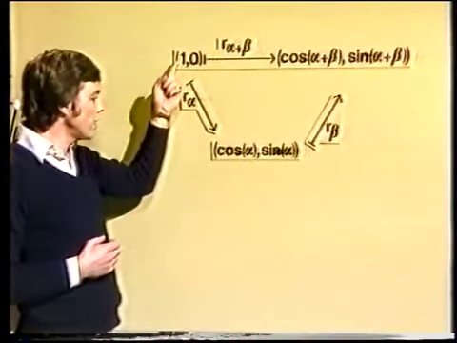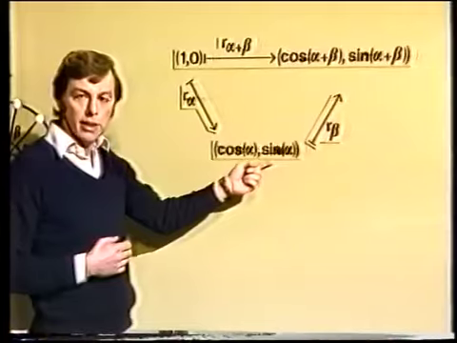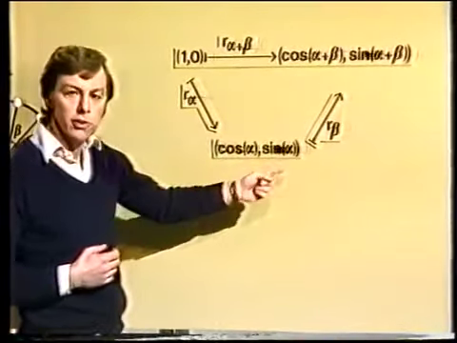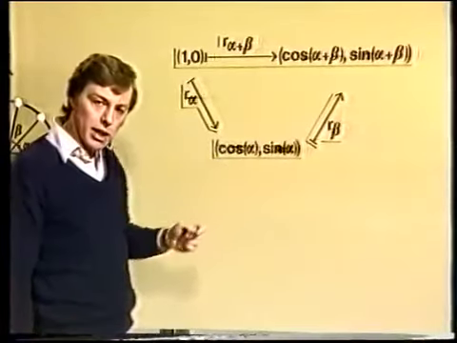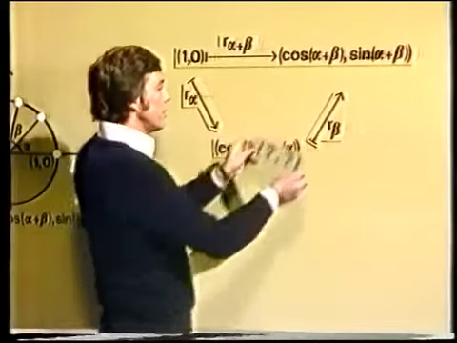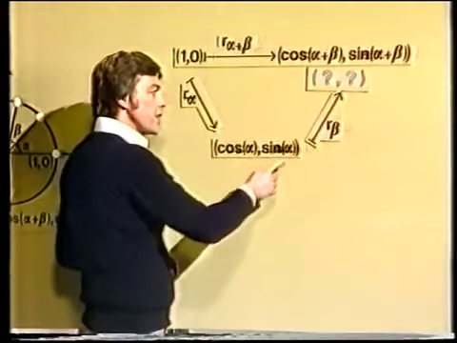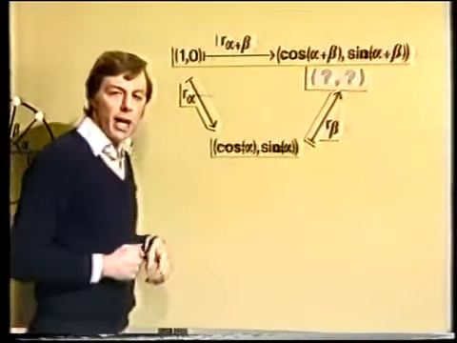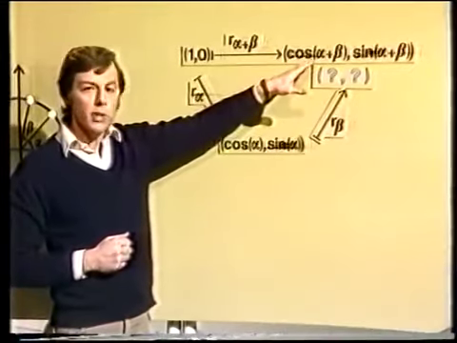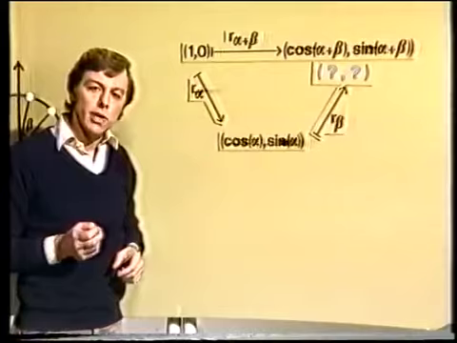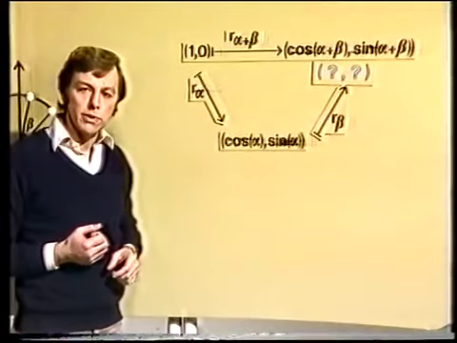Or we can rotate 1, 0 through alpha, and that'll give us cos alpha sine alpha, and then rotate this point through beta. Now, if we knew what coordinates r beta sent this point to, then we'd have an alternative form for the coordinates of this point. And it's this alternative form which will give us the formulas we want.